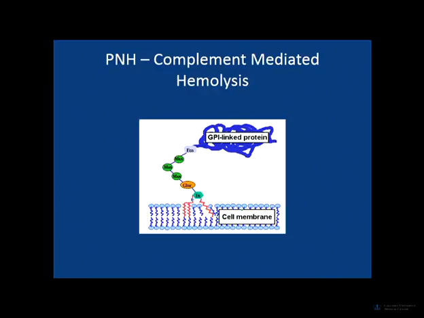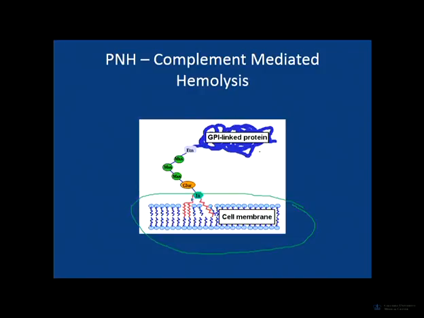This can happen to our own erythrocytes and leukocytes. And so our own blood cells have developed ways to turn off complement so that they're not destroyed by the complement system. So here's a cell membrane right here, the outside of the cell membrane, and there are many proteins on the outside of the cell membrane which help cells like red blood cells function properly.